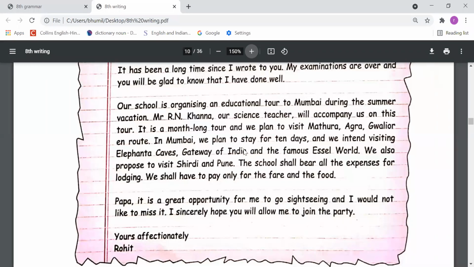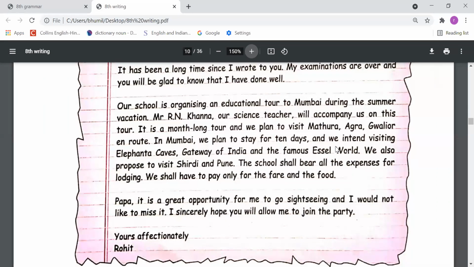In Mumbai, we plan to stay for 10 days, and intend visiting Elephanta Caves, and Gateway of India and the famous Imagica World. So in this, he's saying that I will visit these places also.